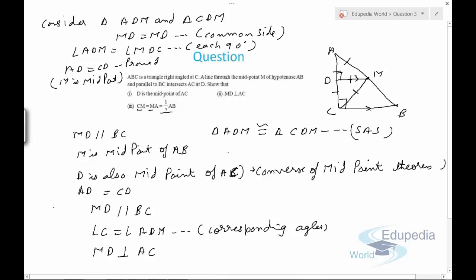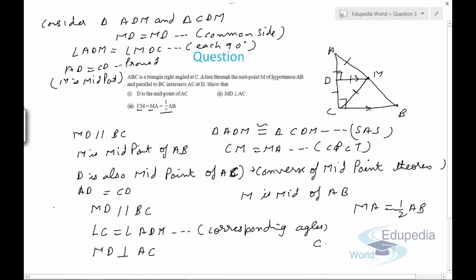So we can say that CM equals MA by CPCT, so congruent parts of congruent triangles are equal. Now since M is the midpoint of AB, we can say that MA is half of AB. So now we can say that CM equals MA equals half of AB. So this is how we can prove these types of questions.